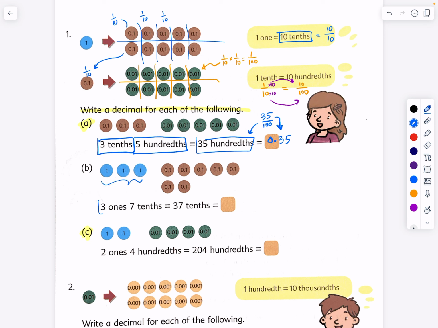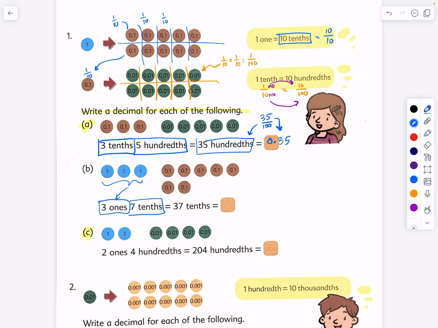Yes, this is 3 ones, right here. And 7 tenths gives us 37 tenths, which is equivalent to 3 and 7 tenths, which we can write down as 3.7.